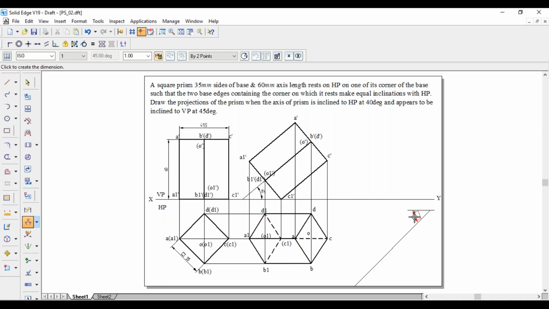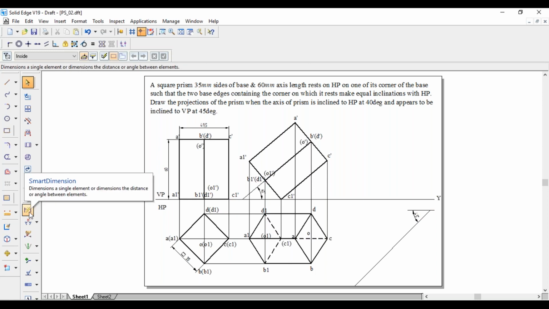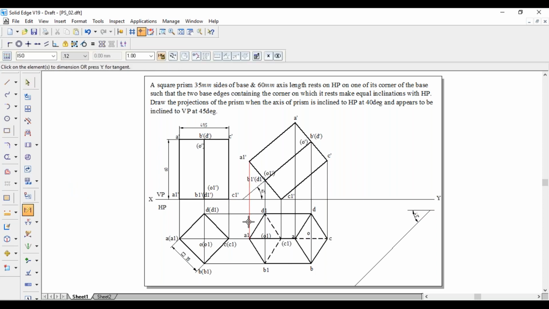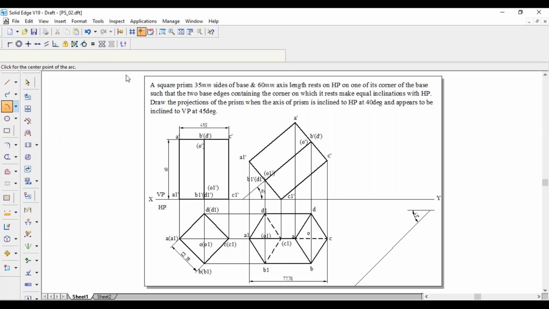A1C length is 77.78 mm. So this is C. This one will be the A1.